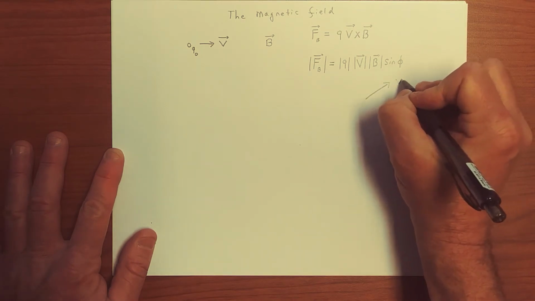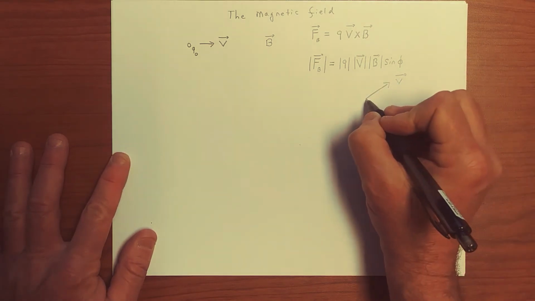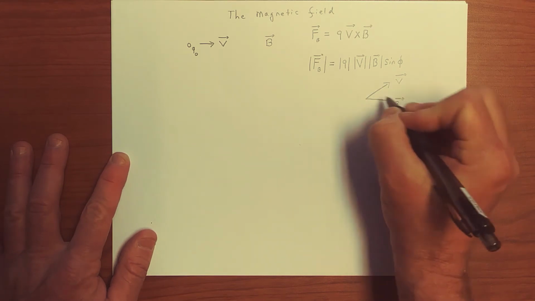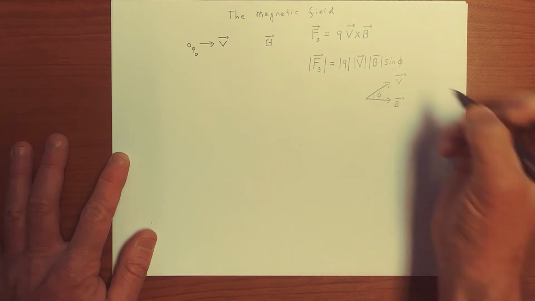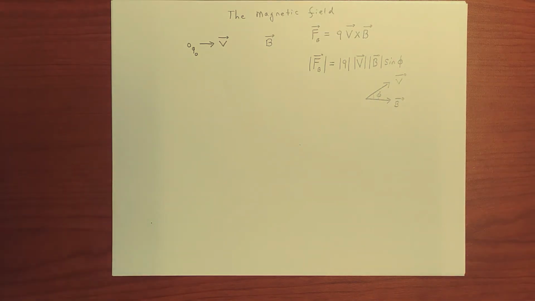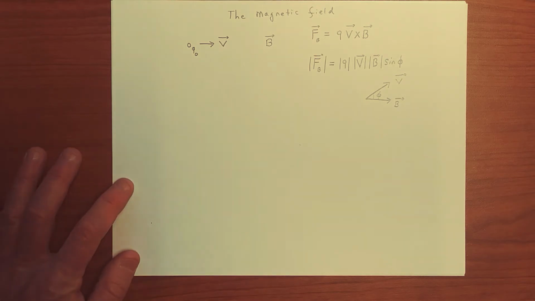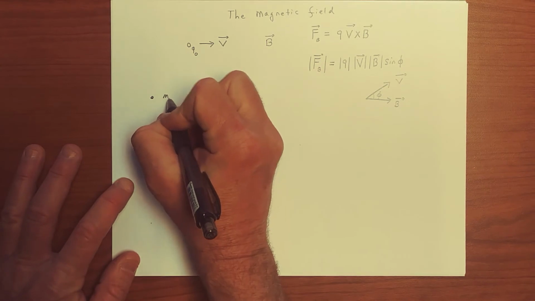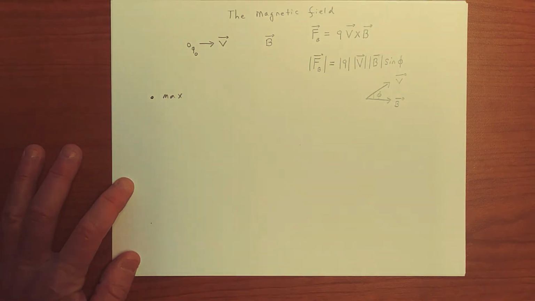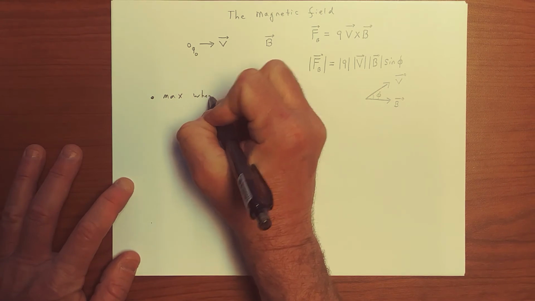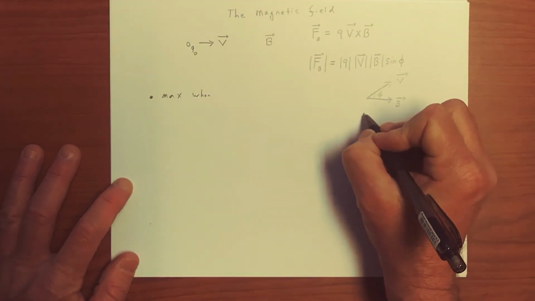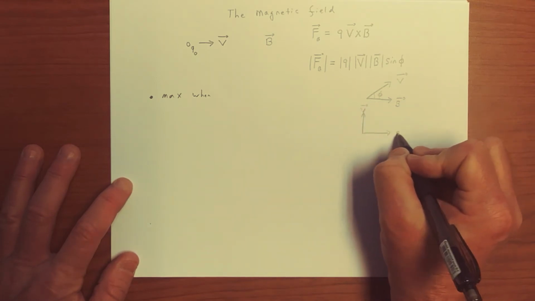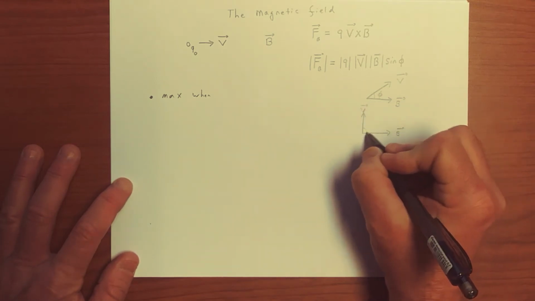So if the particle is moving with some velocity in that direction and the magnetic field at that point is pointing that way, then that's the angle phi that comes into play. And so we can notice that this force is maximum when V is pointing, say, that way, and B is pointing that way, so that this angle is 90 degrees.